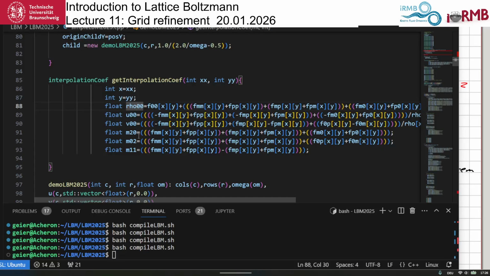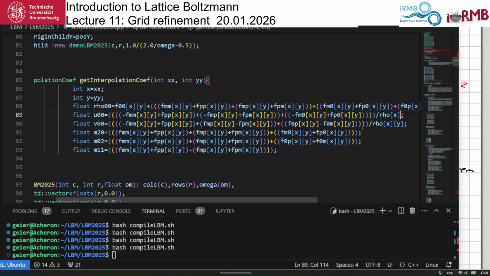So actually we are better off with the cumulants, or at least we have to subtract the... wait, I made a mistake here. They divide by rho, so that would be rho 0, 0, 0, right? Rho 0, yeah.